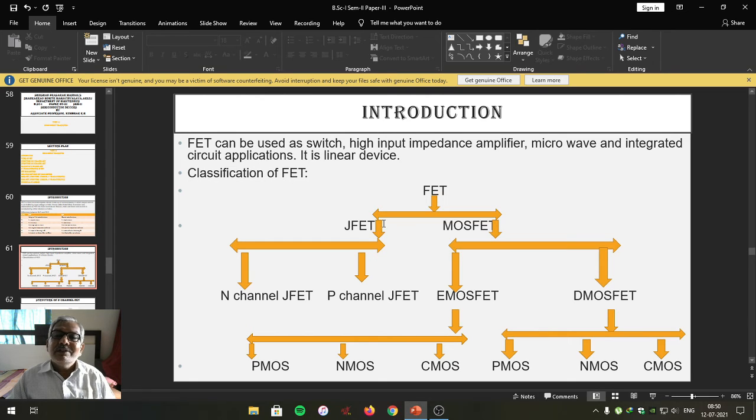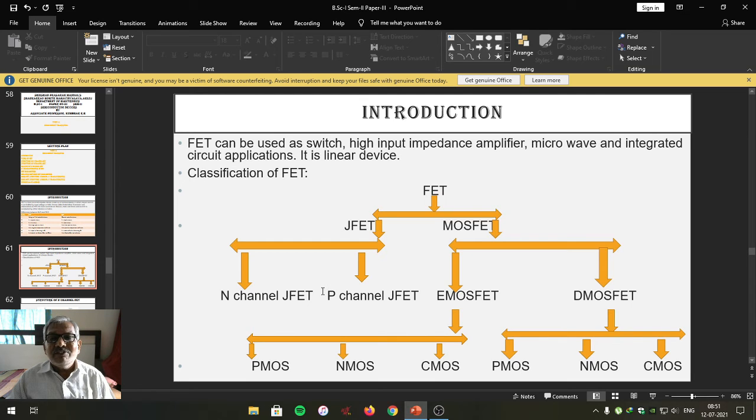Student friends, this junction field effect transistor is classified again into two types. One is the N-channel JFET. It is a type of JFET, but the channel for conduction of the FET is of N type. Here current is conducted only by means of negatively charged particles, that is by means of electrons. Such a junction FET, we call the N-channel FET.